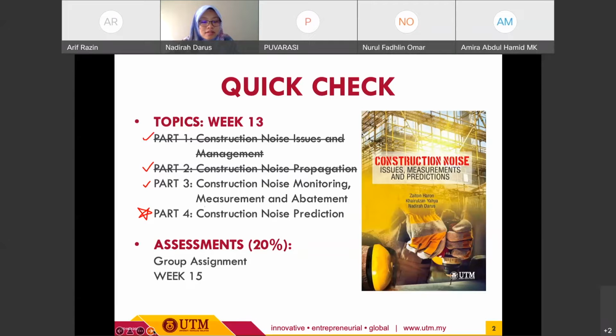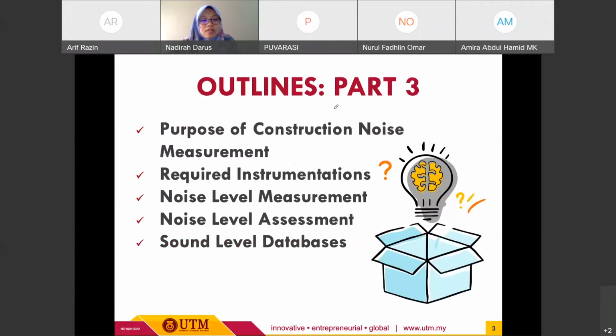Right? So for the next part, which is part 3, these are several outlines regarding the subtopics or subcontents. Okay, first of all, we need to know the purpose or aim of the construction noise measurement.